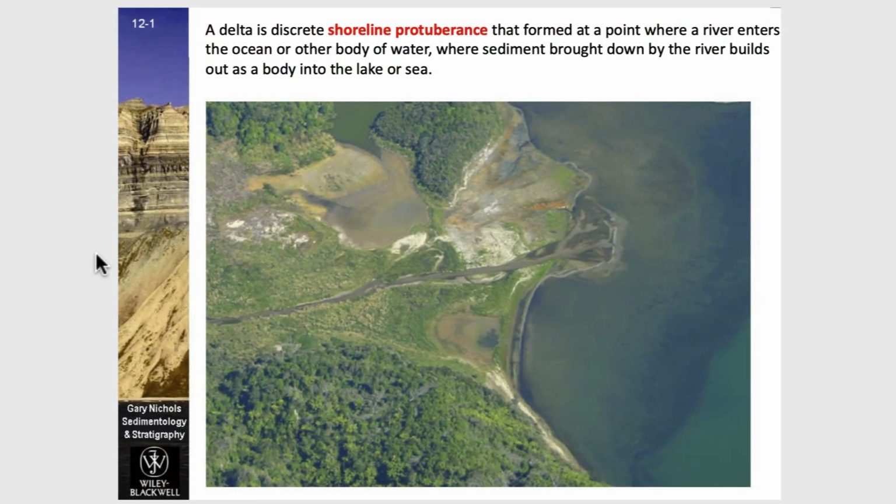Many times the sedimentation is perturbed by these characteristic features that form on the coastline when we have a freshwater system such as a river system interacting with the sea.